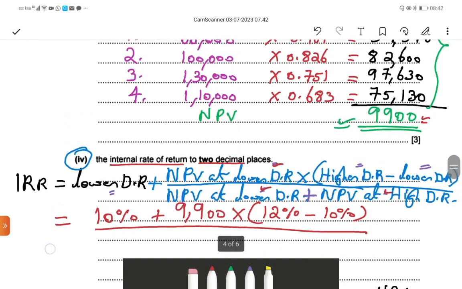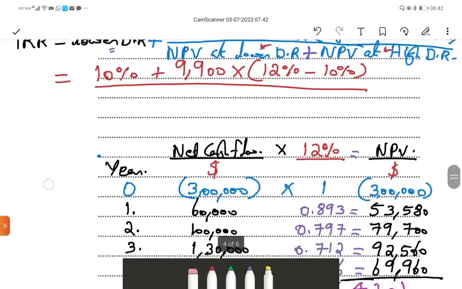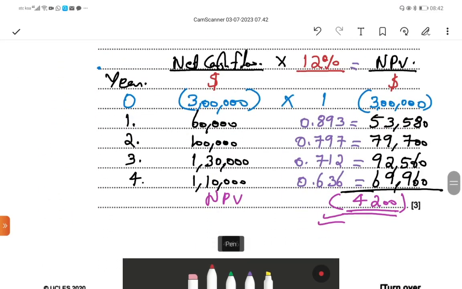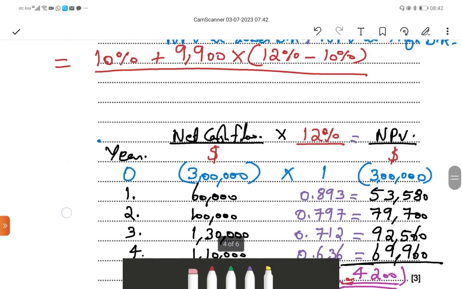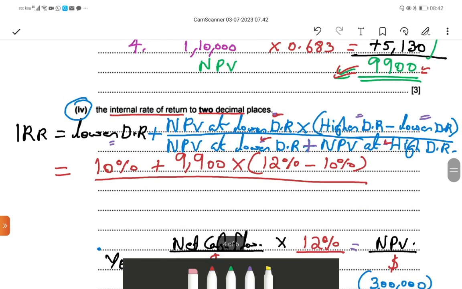The net present value at lower discount rate is 9,900. Then here 4,200. Here you need not consider whether it is a minus or positive figure. You just write the amount. Okay, be careful.